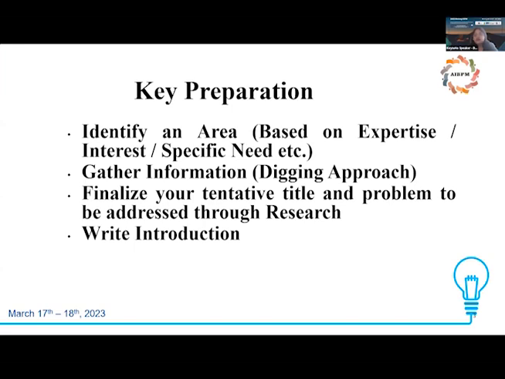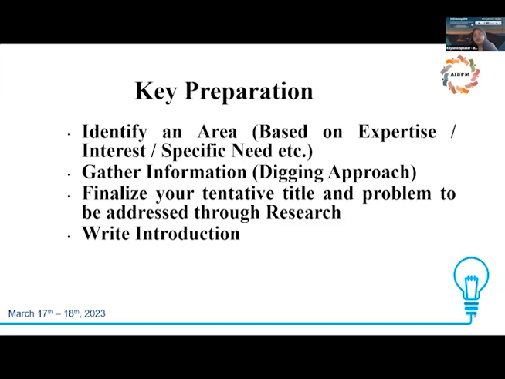And then once you have done all this homework, all these exercises, finally you need to choose a tentative title. I say it is tentative because until I frame my research objectives or research problems, or I'm very clear about what I'm going to do and how, you keep it as a tentative title.